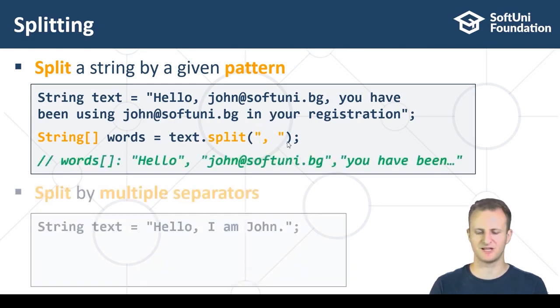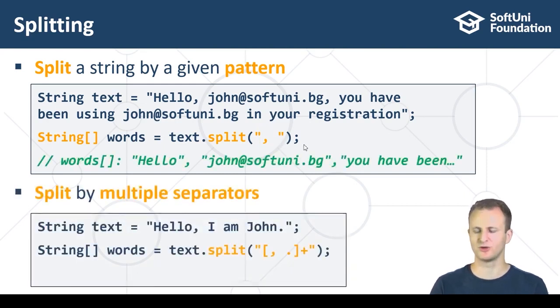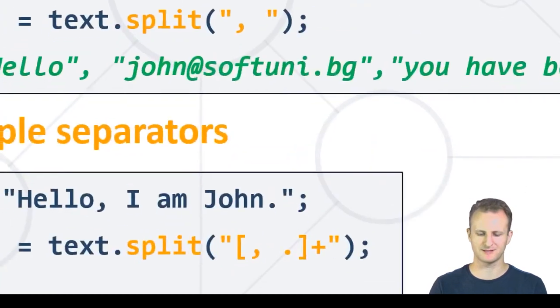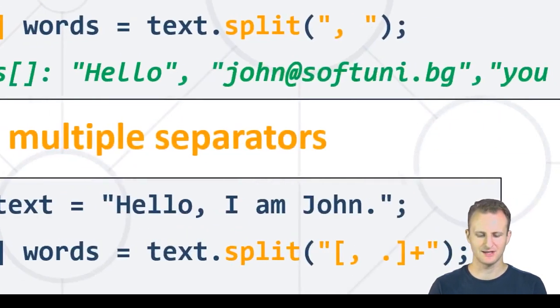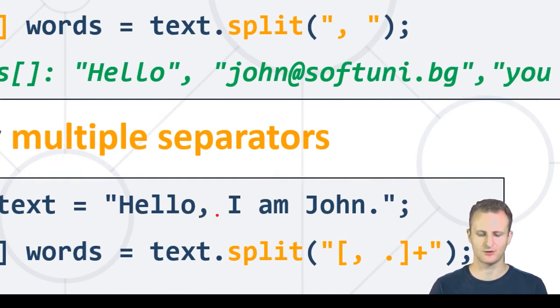So this splits by spaces. But if you want to split by multiple things, you place these multiple things inside these square brackets. So you place square brackets, and then you mention all of the things you want split, so everything you want that text to split by. So in this case, it's going to split by the comma, the space, and the dot.